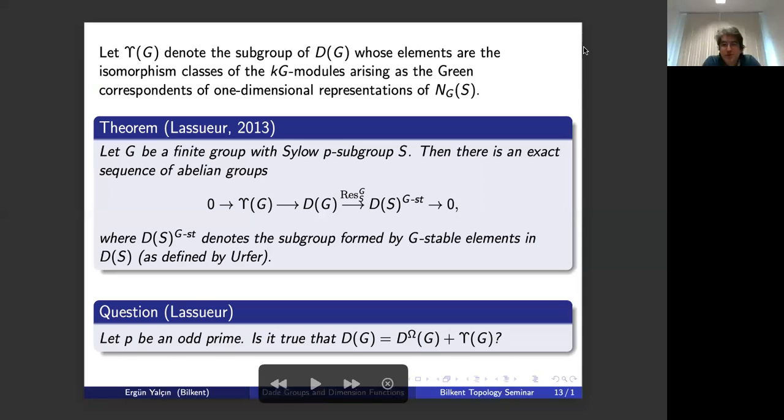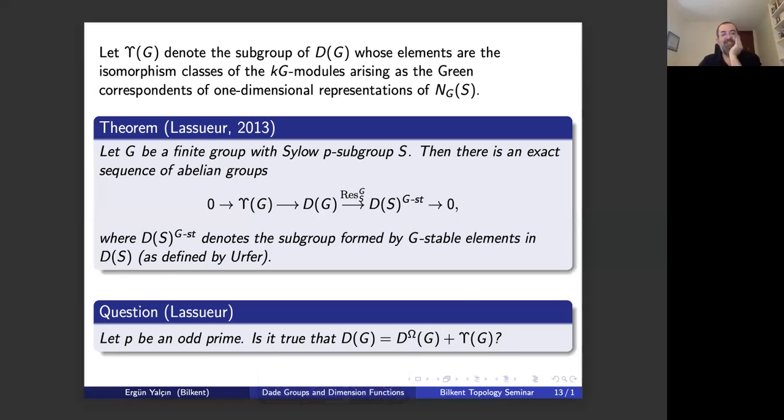Do you know the minimal group where the question is still open? Which question? The one we're seeing. Right. So Lassueur, actually, most of her thesis is devoted to this question.